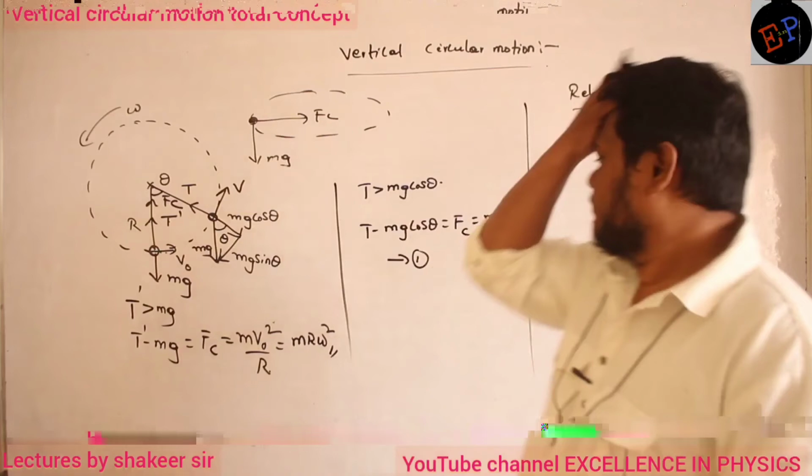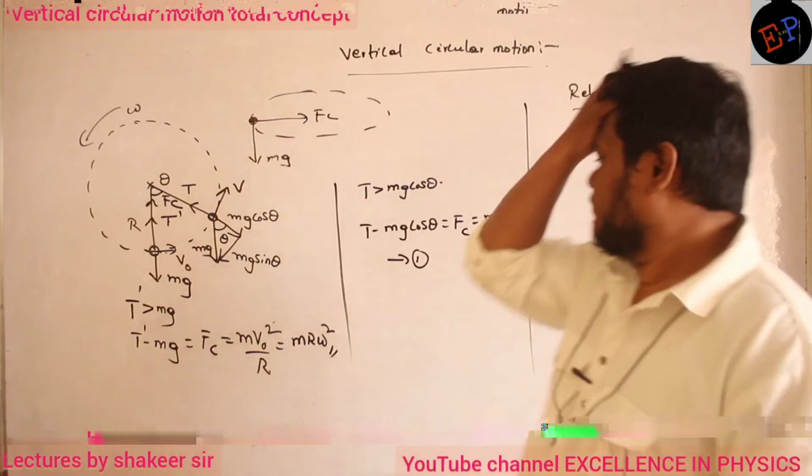So write down. Therefore, at 133 degrees, if I give a velocity of root 5 GL, the body loses contact with the outer surface of the tube and falls on the inner surface.